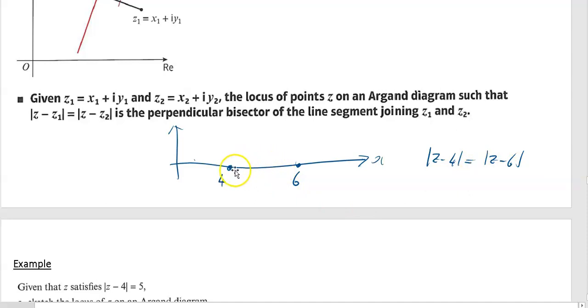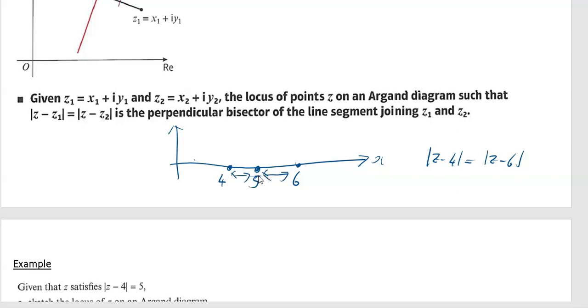So if you think about one point between these two, which has the same distance from 4 as it is from 6, the answer would be the point 5. So 5 would be smack bang in the middle. It would be the same distance from 4 as it is from 6.